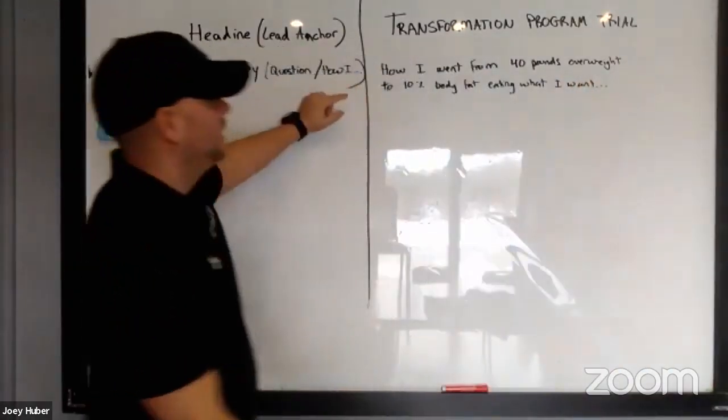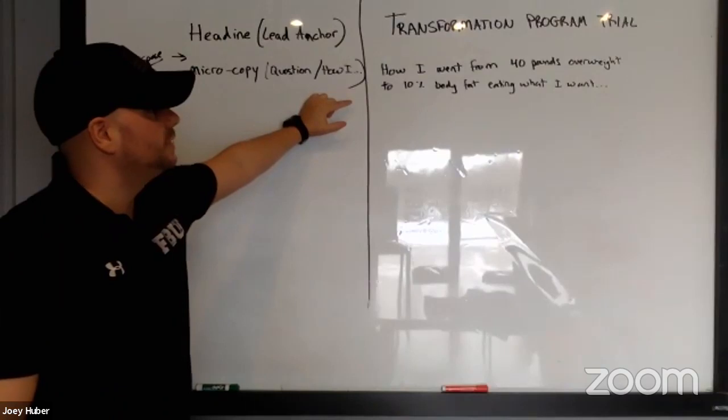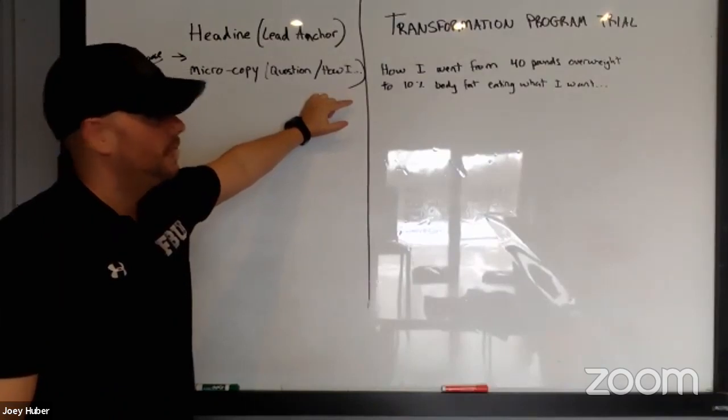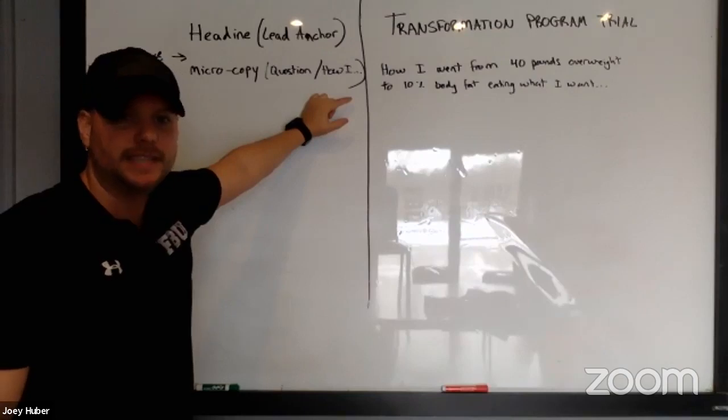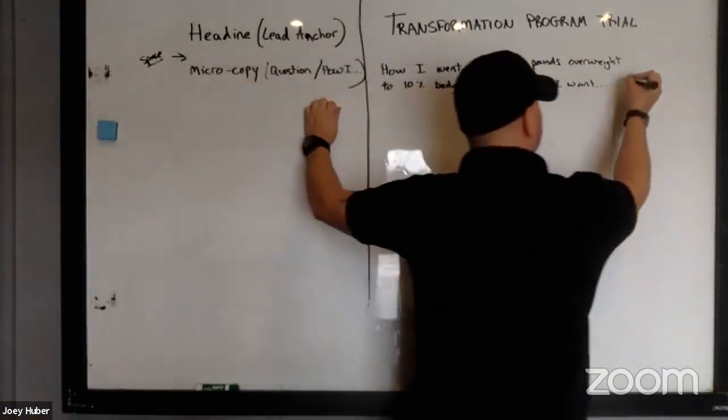Okay, how I went from 40 pounds overweight to 10% body fat eating what I want, right? So that could be great micro copy, and then it says see more.